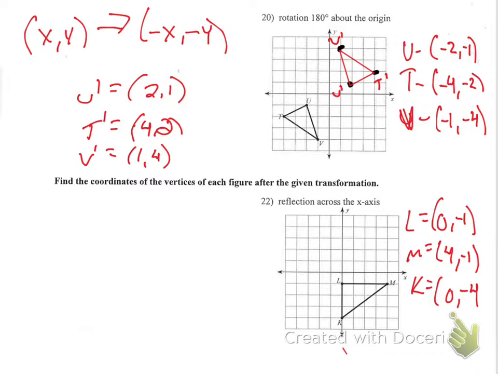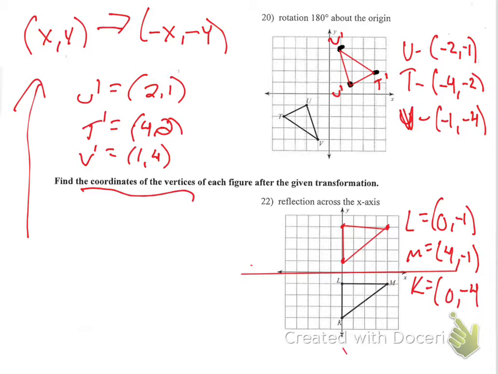Now what this is saying, find the coordinates of the vertices, is like what I was doing up here. Meaning, if it's going to reflect off of the x-axis, like so. If you were going to reflect that, your L would be here, your K would be here, and your M would be here, and you would just connect these dots and then find what those points are.